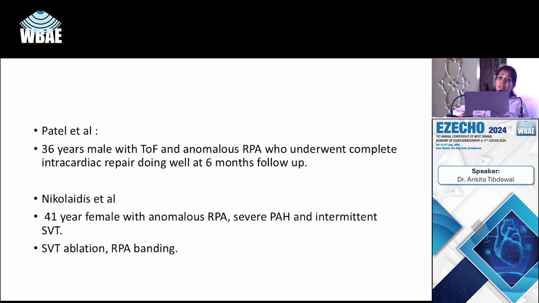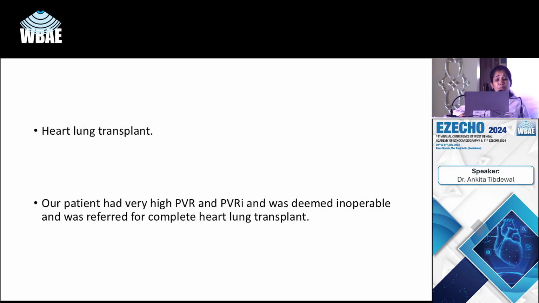After RPA banding, the RPA pressures were found to be reduced, and the patient was also clinically improved at 6 months following this procedure. So the authors of this case report suggested that PA banding can be a good option for adult patients with severe pulmonary artery hypertension where other complex surgeries are difficult.